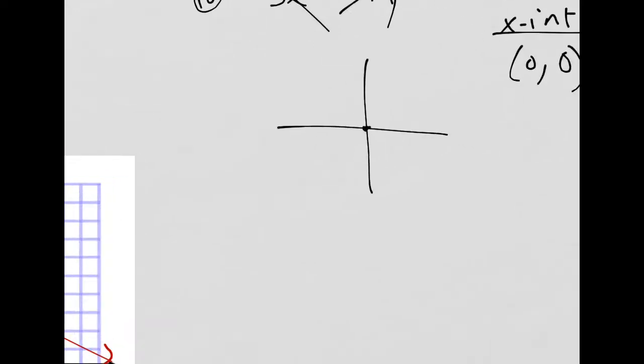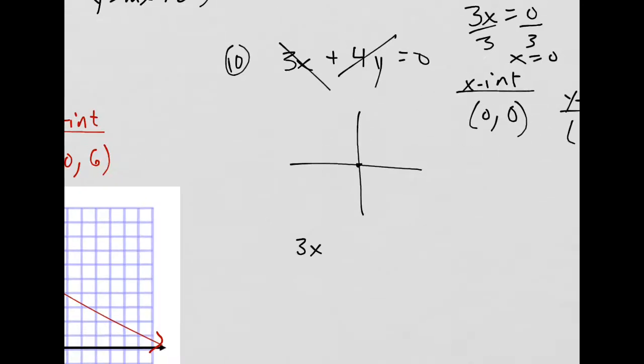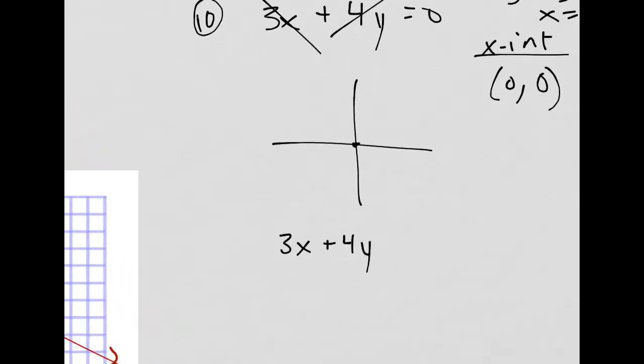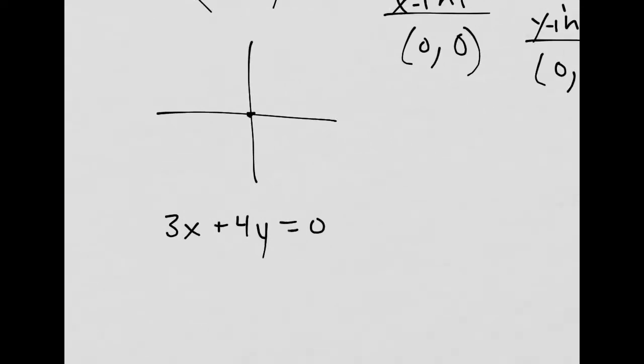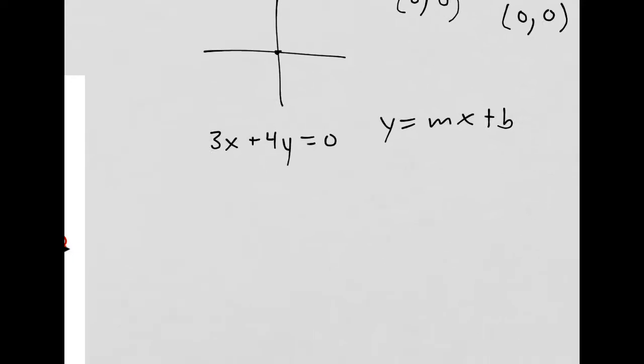Well, let's start with 3x plus 4y equals 0. We're going to make it look like y equals mx plus b, because then we could just look and graph it. You might already know how to do this, but the y is on the left side. So I will subtract 3x from both sides.